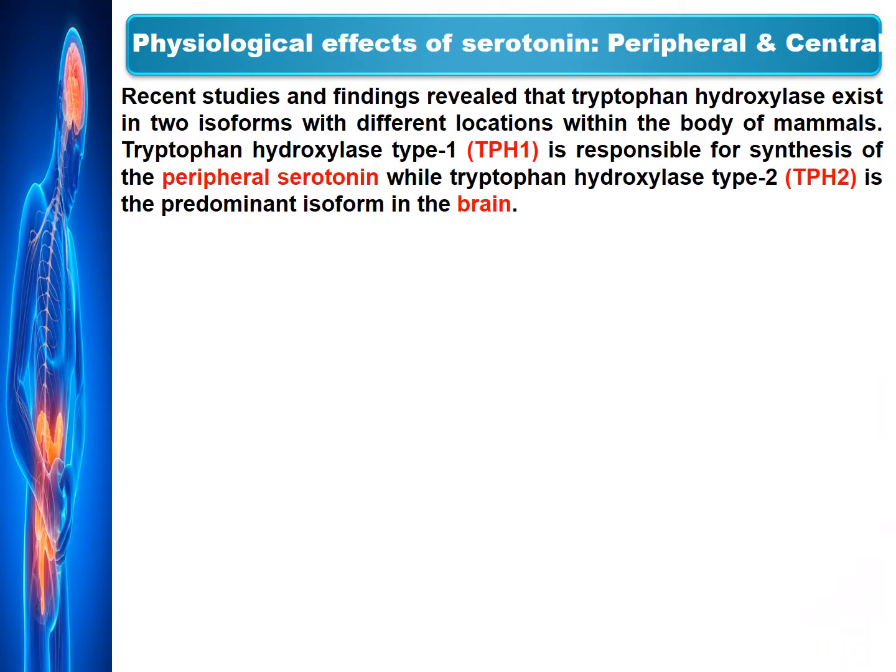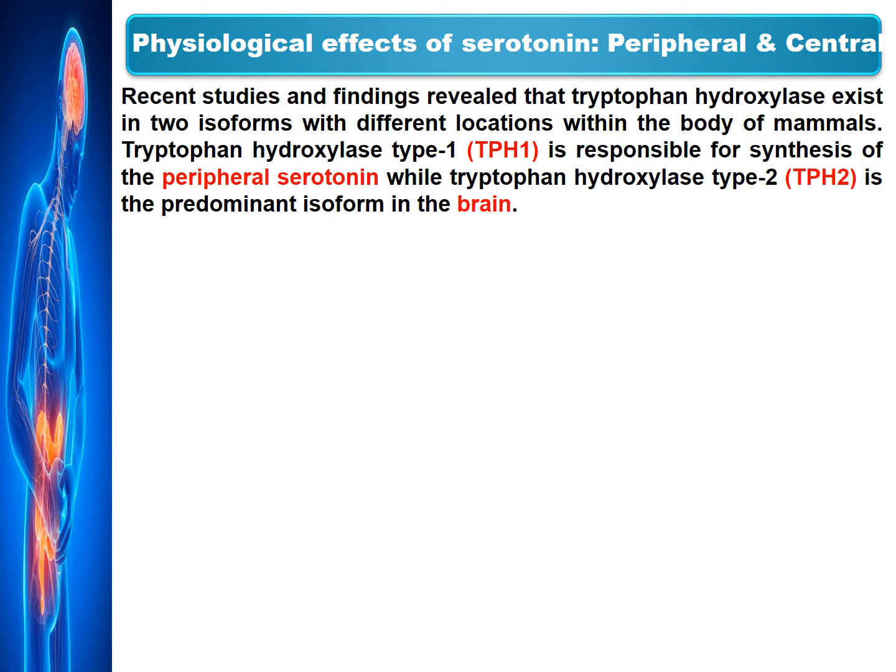Now, let us discuss the physiological effects of serotonin both peripherally as well as centrally. Recent studies and findings revealed that tryptophan hydroxylase exists in two isoforms with different locations within the body of mammals.